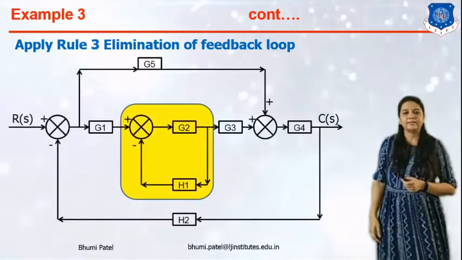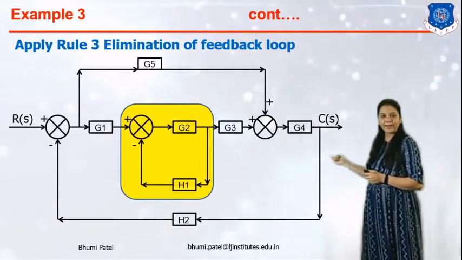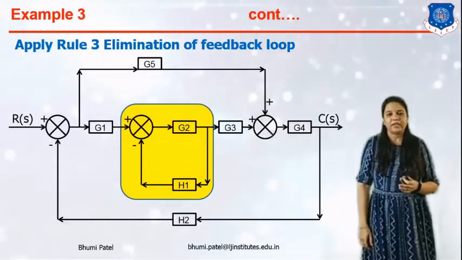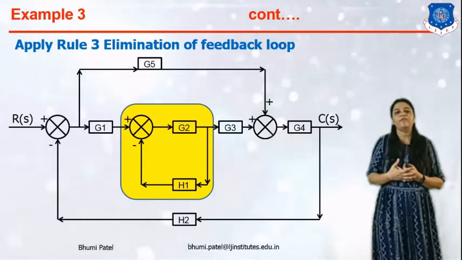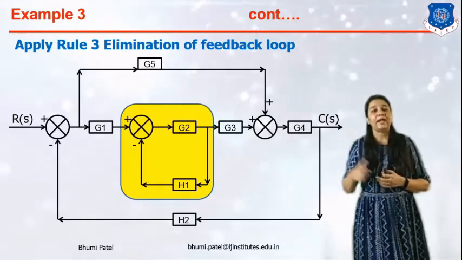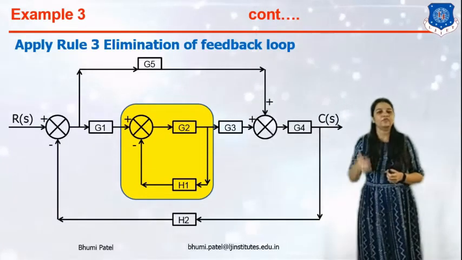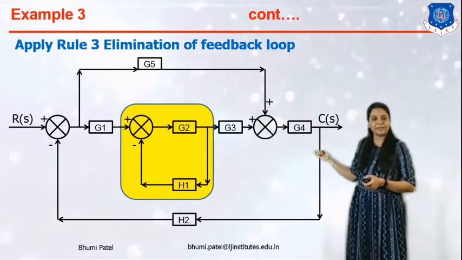So the final answer is G2 is our forward path, H1 is our feedback path, and the sign of the feedback signal is negative. So we can simplify this using elimination of the feedback loop. So we can get G2 upon 1, sign is negative, so 1 plus forward path G2 into feedback path H1.